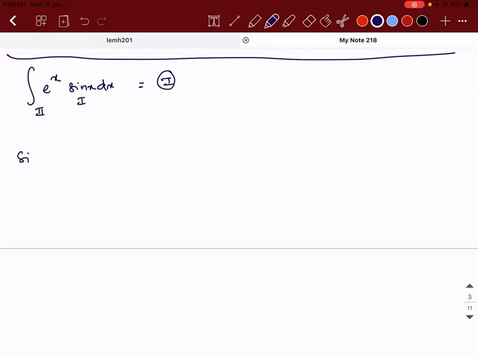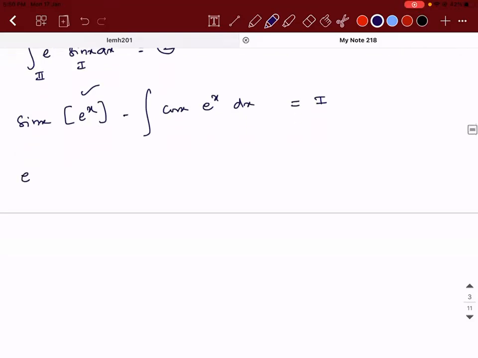So sin x into integral of e power x, minus integral of derivative of sin x, which is cos x, into integral of e power x, which is e power x dx. I'm assuming by now you have got the method, and I skipped certain steps. So this is still I. So e power x sin x I'm not going to disturb, minus. In this case, what am I supposed to do? This is the first function, this is the second function.